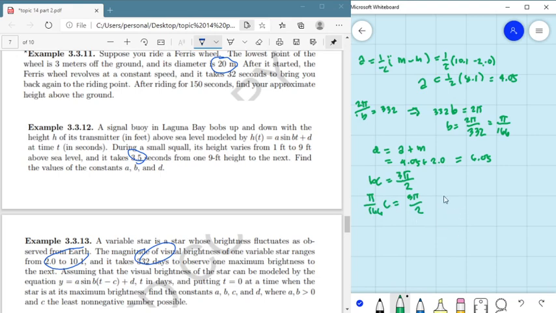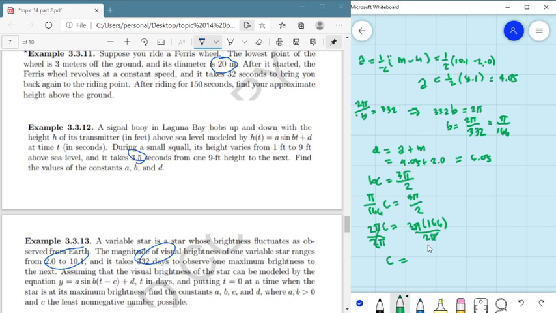So, by cross multiplication, we have 2 pi c equals 3 pi times 166. Divide both sides by 2 pi. So, cancel the 2 pi. C therefore, cancel the pi.